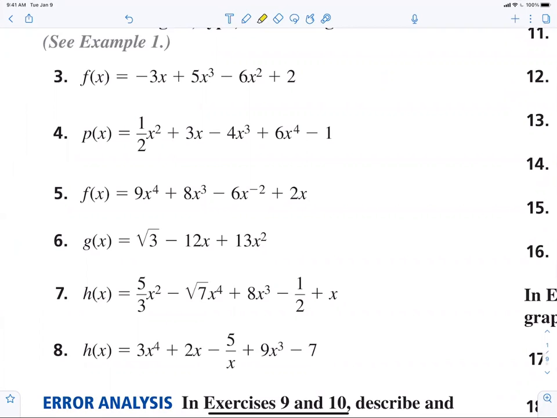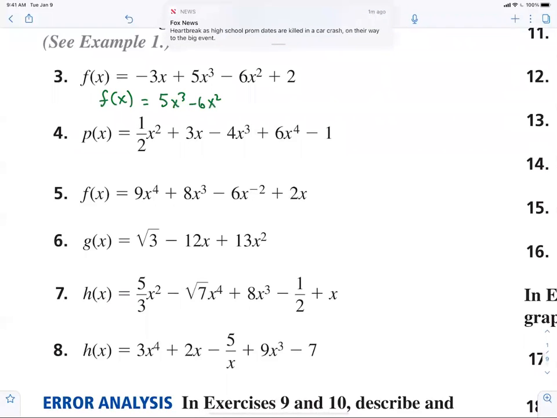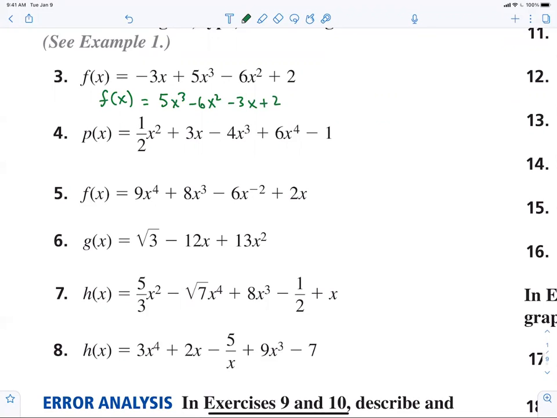So to write it in standard form, we're just going to write f of x equals 5x cubed minus 6x squared minus 3x plus 2. That would be standard form. Anybody have any issues with that?